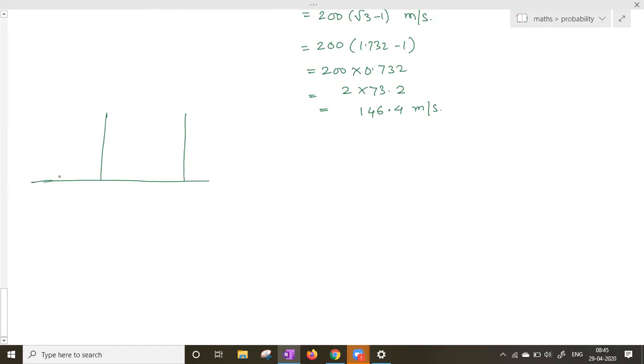Now I'm getting 1 by root 3 plus x is equal to root 3. Ma'am? Yes, I'm solving. Okay, ma'am.